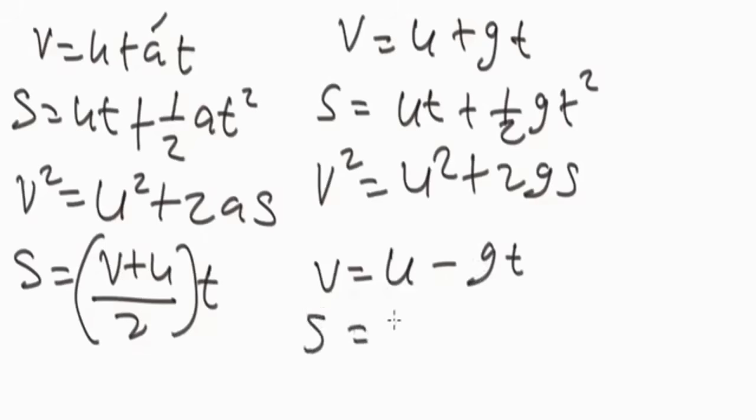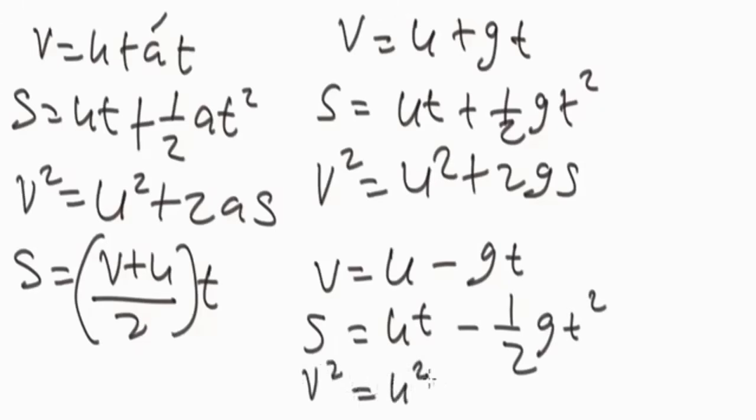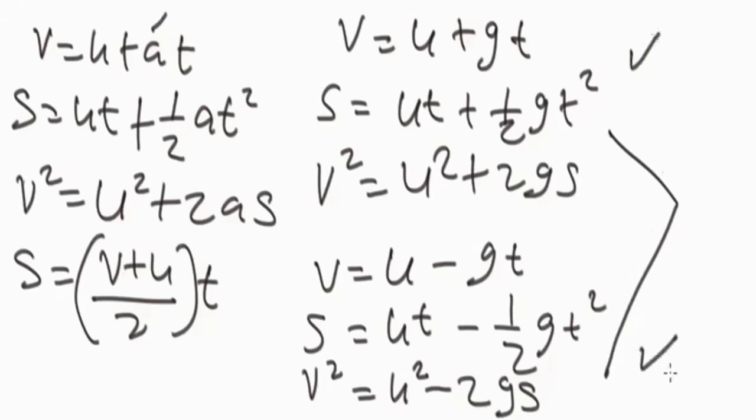The same applies to s equals ut minus half gt square, and v square equals u square minus 2gs. Alright, so take note of this variation. This one is responding to gravity, this one is going against gravity.